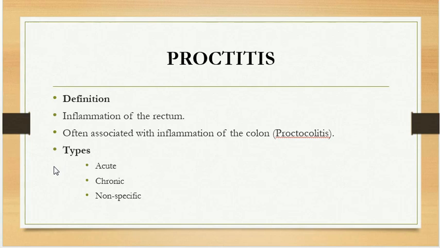So along with the inflammation of the rectum, other parts of the large gut, the colon, are also involved, and sometimes the term proctocolitis is also used. Now, there are different types of proctitis. It may be acute proctitis, chronic proctitis, non-specific proctitis. So this is one way to group proctitis into acute and chronic forms.